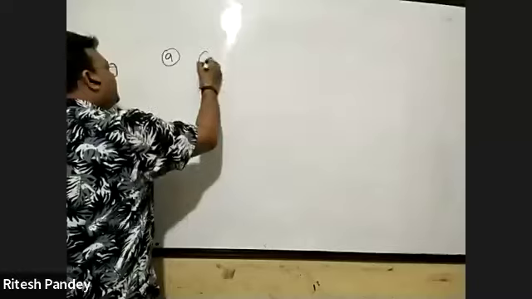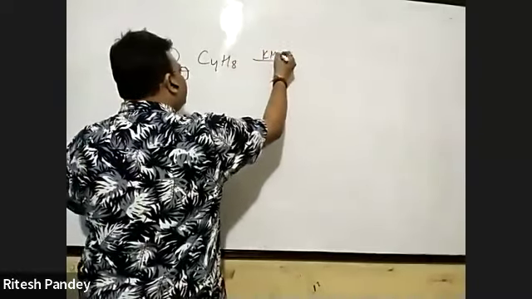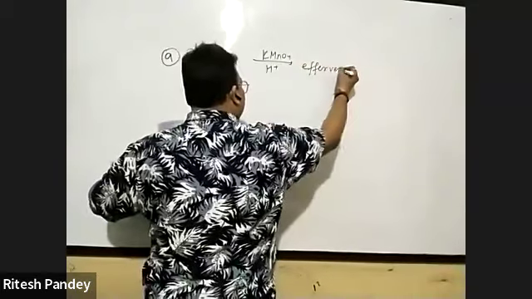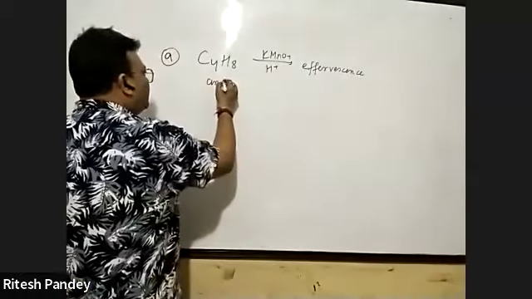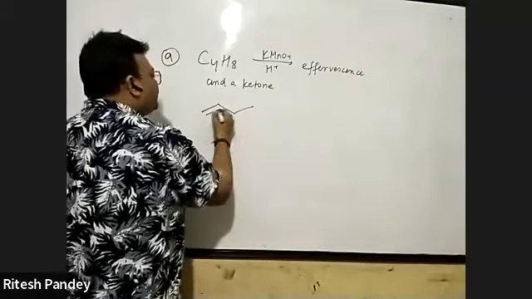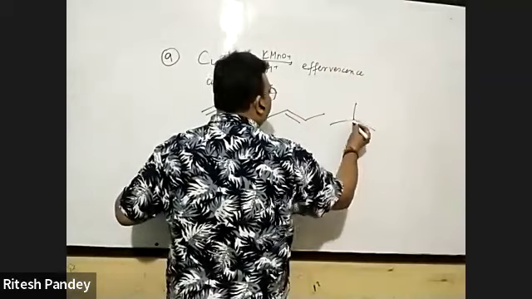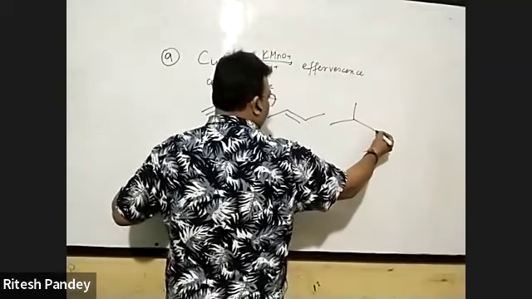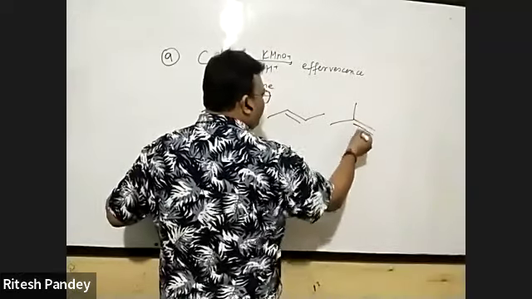C4H8 with KMnO4, H plus is giving you an effervescence and a ketone. First of all, if I draw all possible C4H8, this is the only one which can give me a ketone. Only this way I can get a ketone.